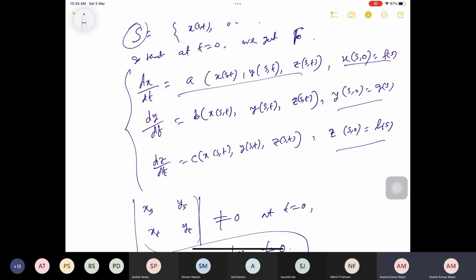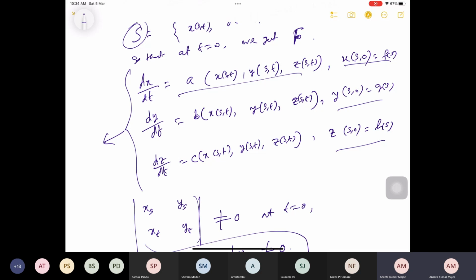Now suppose your A, B, C are C1 functions, so that you can use Picard-type iteration to find your unique solution for this system of ODEs, which depends on s and t.